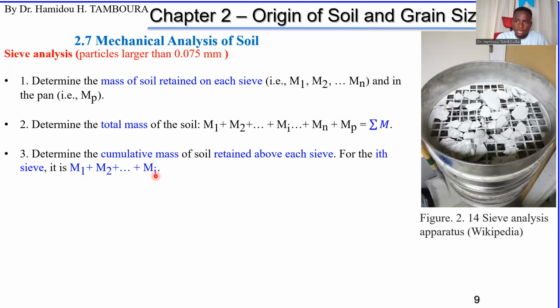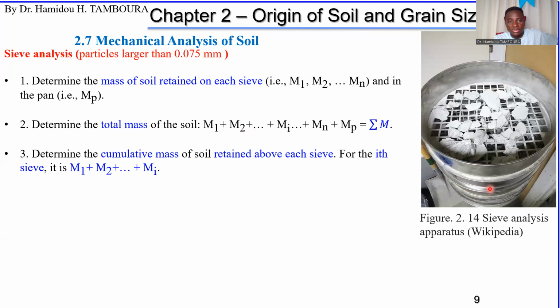That means, because the ith sieve has a smaller opening than all the sieves above it, all the particles retained on the above sieves cannot, of course, go through the ith sieve.